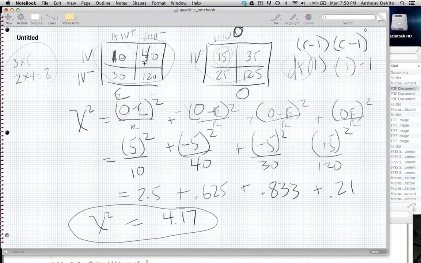Now another limitation is that with a 2x2 table, we kind of give ourselves a little bit of extra license that we really don't deserve when we use chi-square. So there's something called the Yates correction, also called a continuity correction.